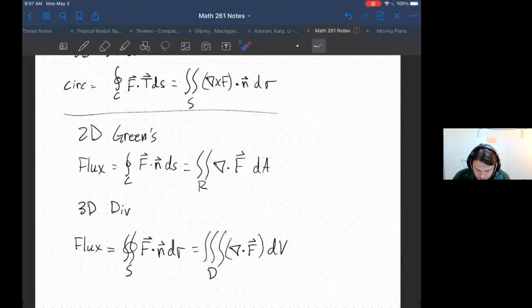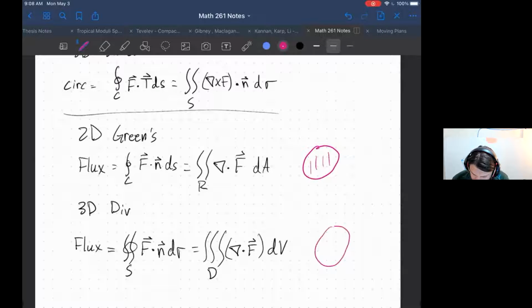Whereas if you want to look at flux over a surface, which is closed, that's what this circle is supposed to mean, it forms the boundary of a 3-dimensional object, right? Just like the curve forms the boundary of a surface, the surface forms the boundary of a 3-dimensional volume.